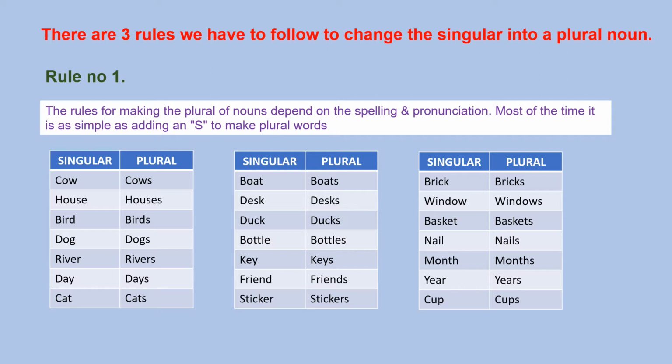Example: cow, cows; house, houses; bird, birds; dog, dogs; river, rivers; day, days; cat, cats; boat, boats; desk, desks; duck, ducks; bottle, bottles; key, keys; friend, friends; sticker, stickers; brick, bricks; window, windows; basket, baskets; nail, nails; month, months.